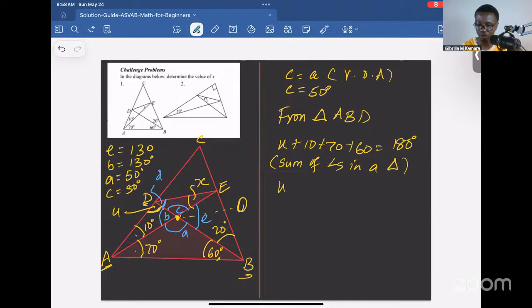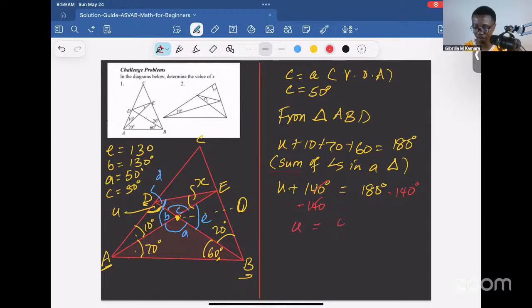So my U plus 140 is equal to 180 degrees. Then minus 140, minus 140. This and this go, so my U is 40 degrees. So this U here is 40. Okay, remember.